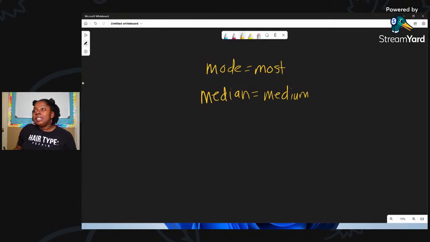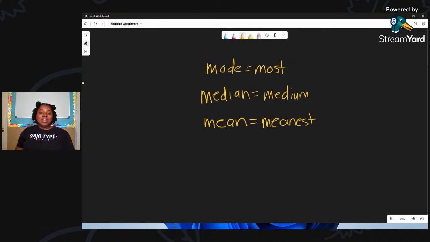And mean is the meanest one of them all because you have a lot of calculations to do. So mode is the one you do the most. See, they have the MO in common. Median is like medium, the middle shirt, if you're thinking about a t-shirt. And then mean is the meanest of all. So let's start with mode.